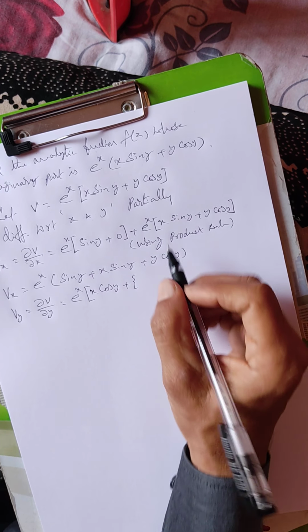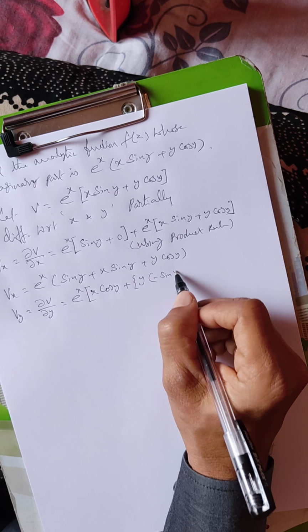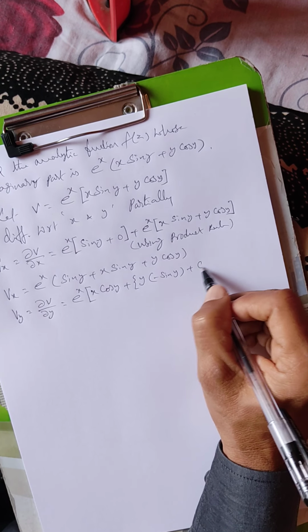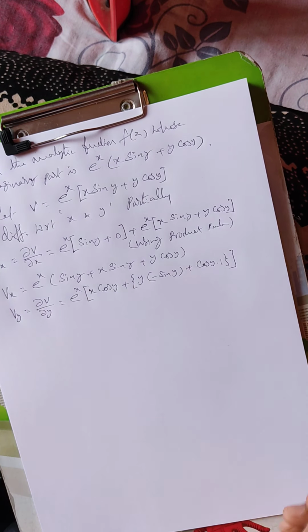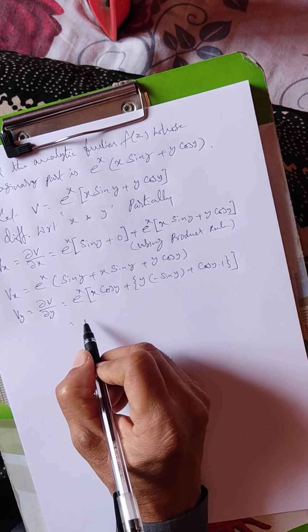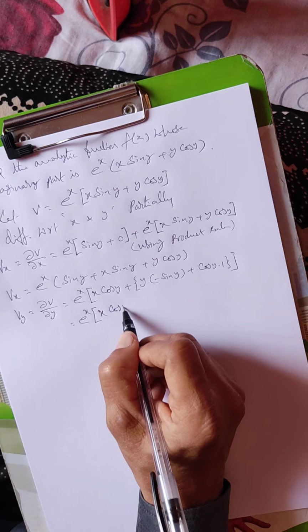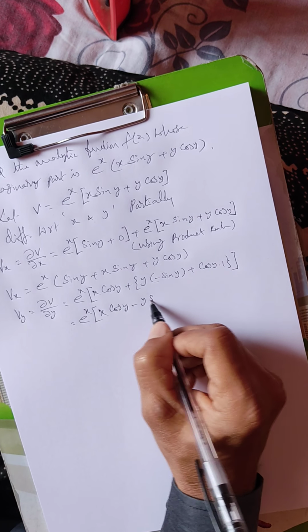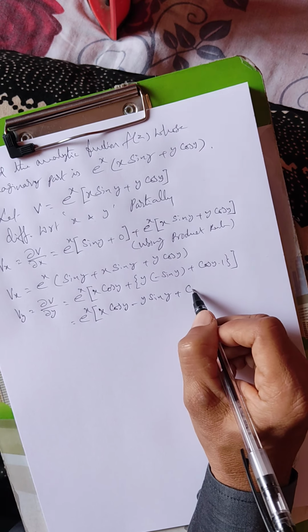You are differentiating with respect to y. y into the derivative of cos y is minus sin y, plus cos y into the derivative of y is 1. That is equal to e power x into x cos y minus y sin y plus cos y.